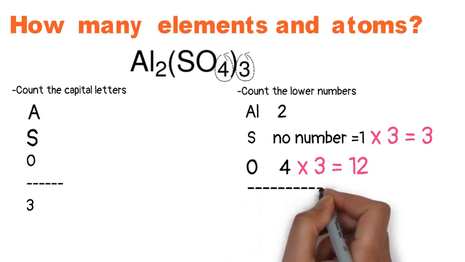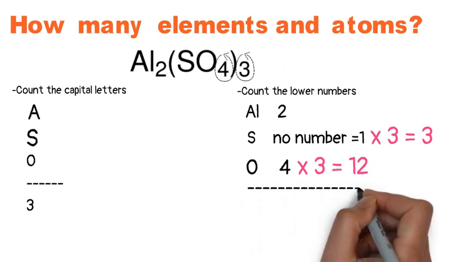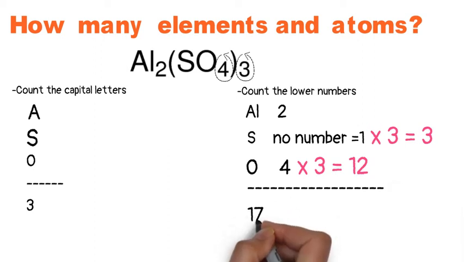So let's count the number of atoms in this compound. Aluminum has 2 atoms, the sulfur has 3 atoms, and the oxygen has 12 atoms, so the total number here is 17. So in this compound we have 3 elements and 17 atoms.